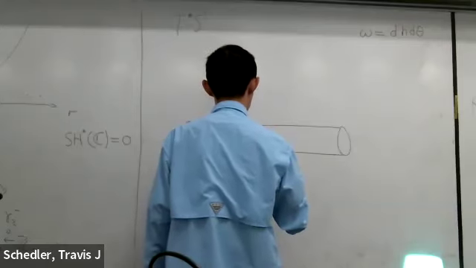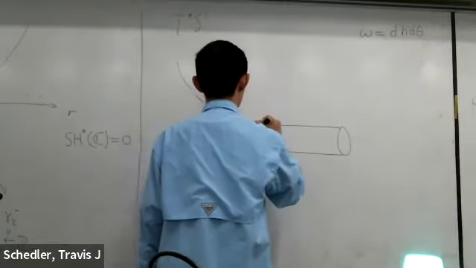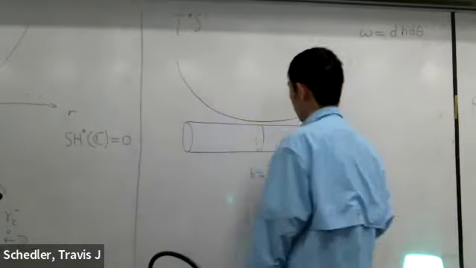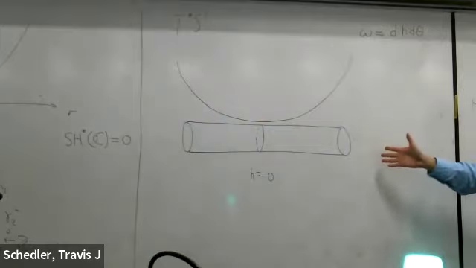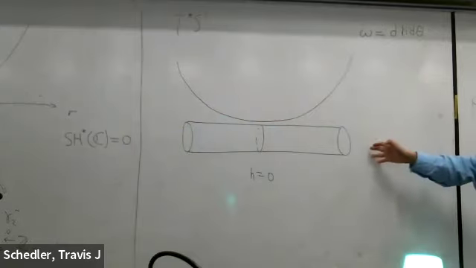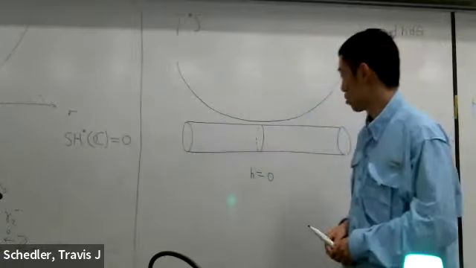This circle is maybe h equals 0. Then the function I'm using is like this. So in this case, our W is this cylinder, but the boundary of W has two components, so it's increasing in two directions.